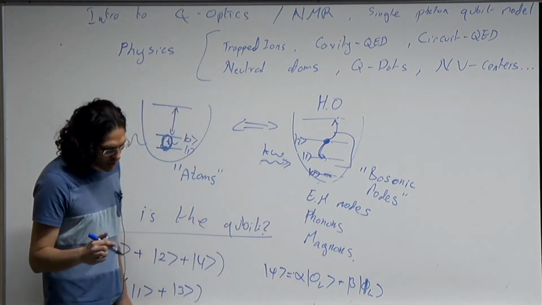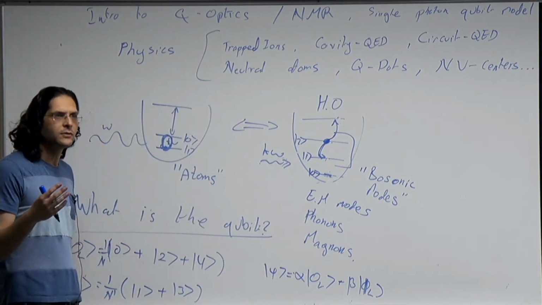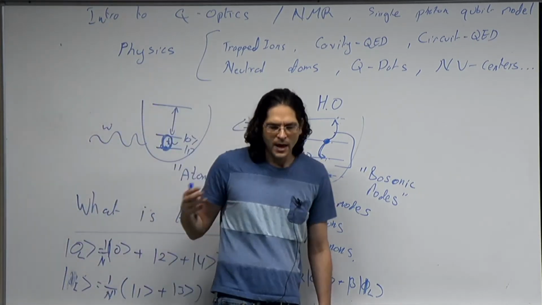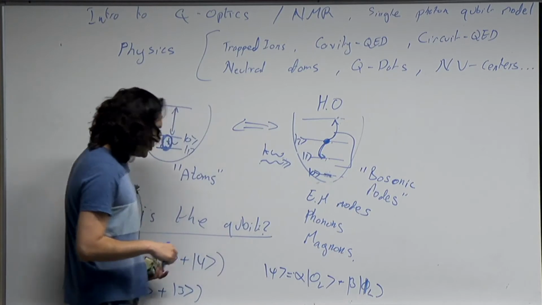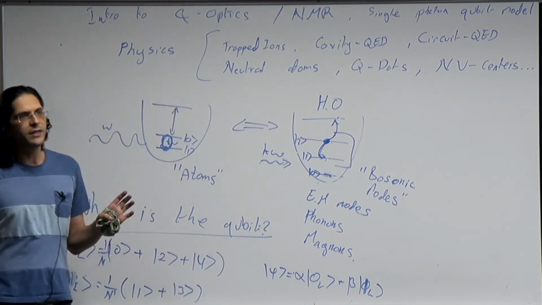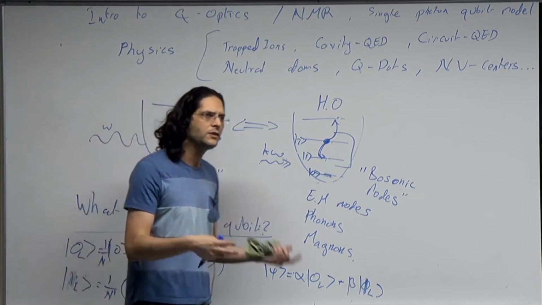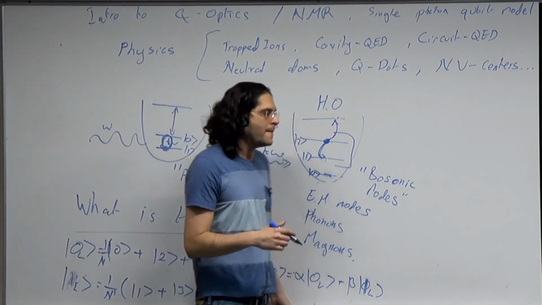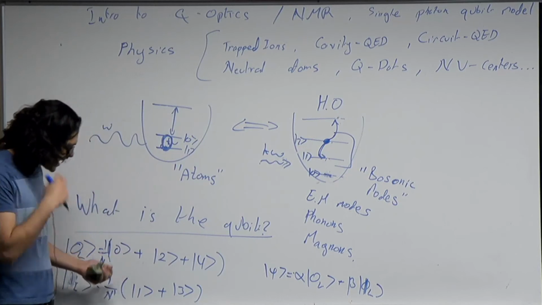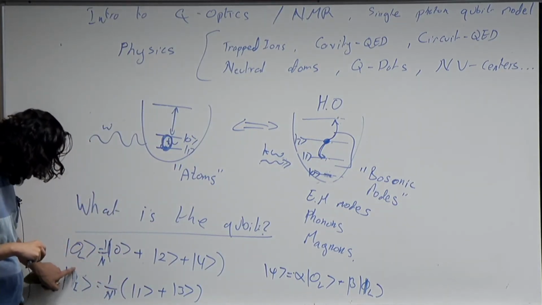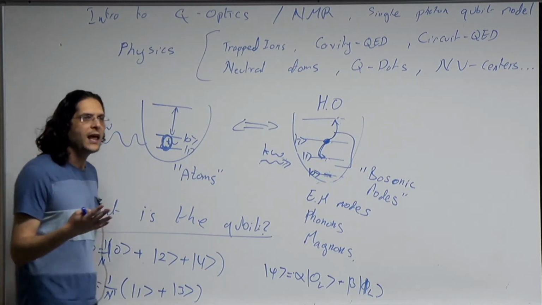In realistic systems, your qubits are not perfect, they're noisy. To be able to deal with noise, we're not going to discuss this in this course, but I do want to give you these notions. It is important to be able to do these logical encodings so you can error correct.